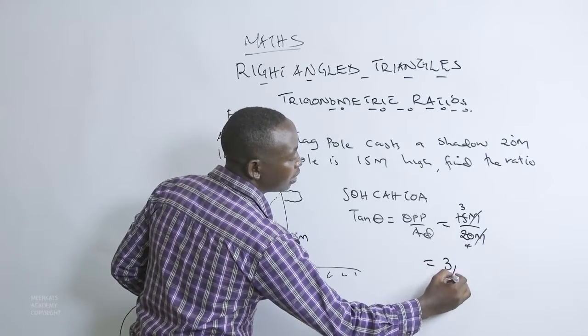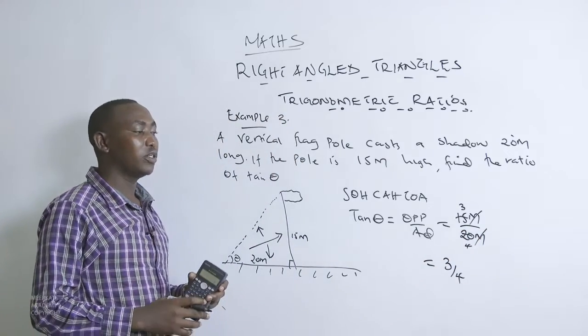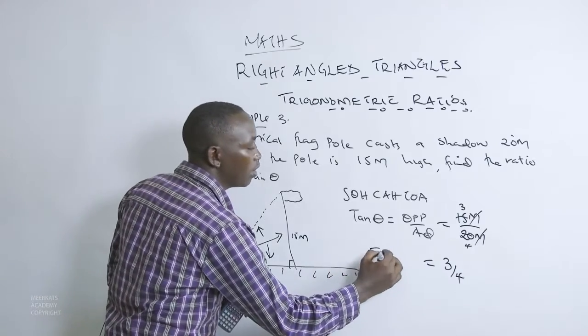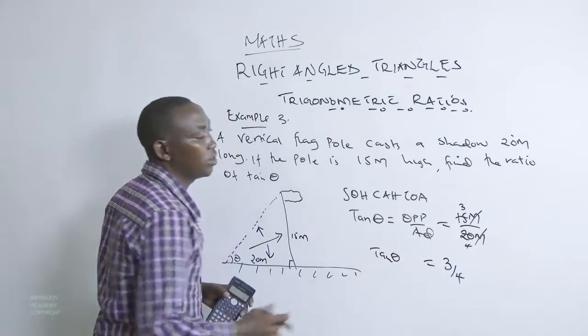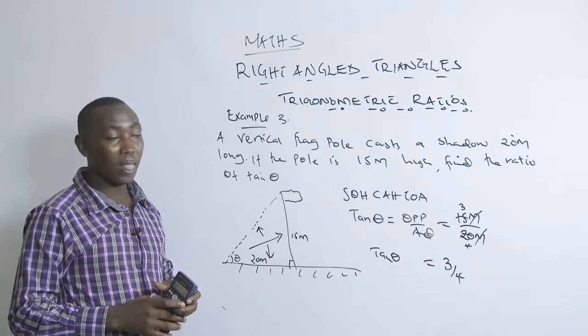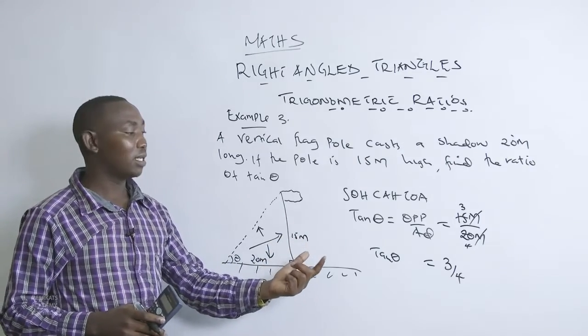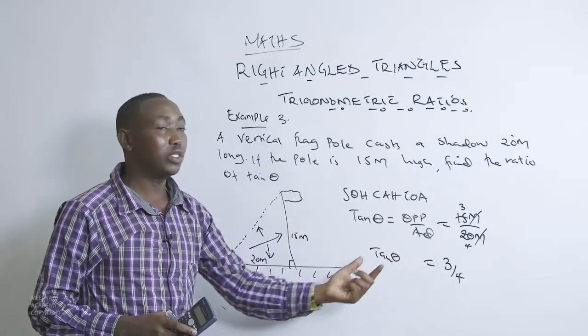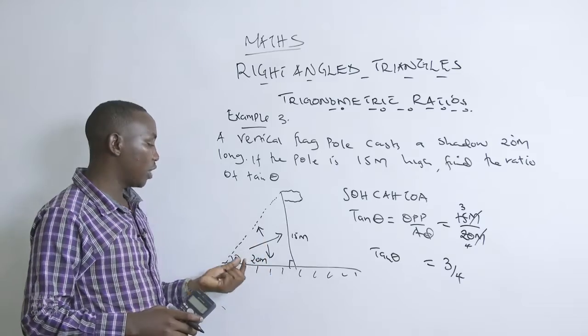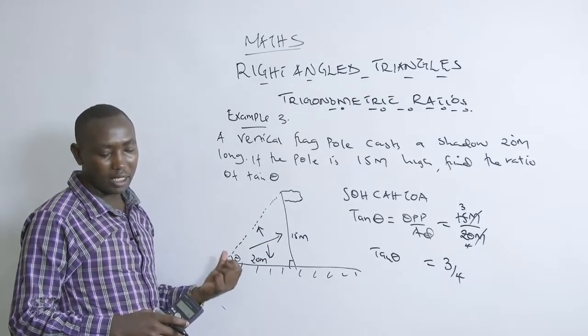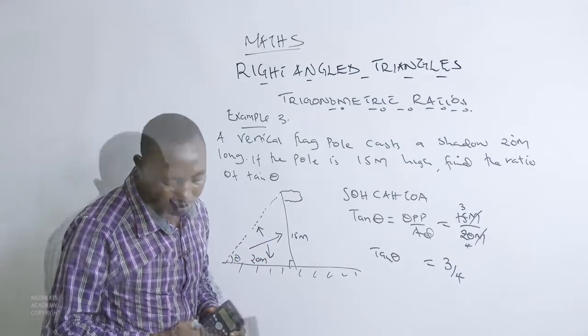That will give us 3 over 4 as the trigonometric ratio. Tan theta is equal to 3/4. In future, we shall see how we can convert these trigonometric ratios back to angles so that we can get what exactly this angle theta is.